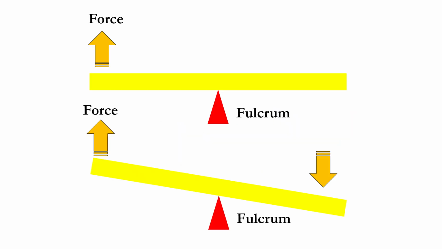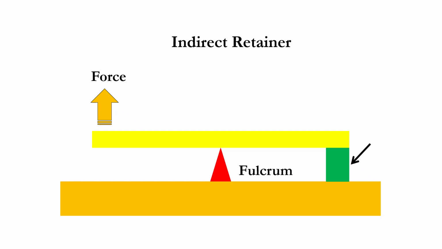But to counteract the movement in the opposite direction, away from the tissues, we put a vertical stop on the other side of the seesaw, and this type of movement is counteracted by the indirect retainer. To be very specific, the combination of direct retainer and indirect retainer will prevent this rotational type of movement in both upward and downward directions.